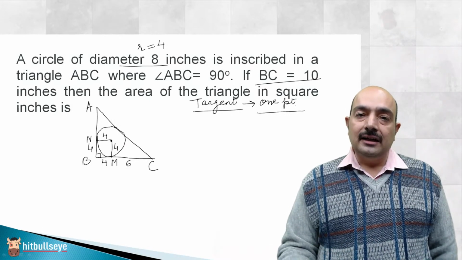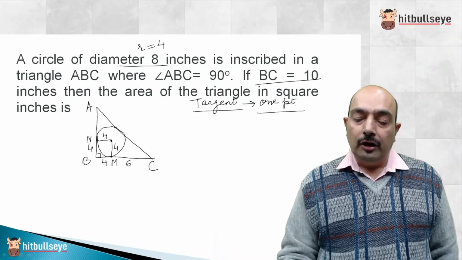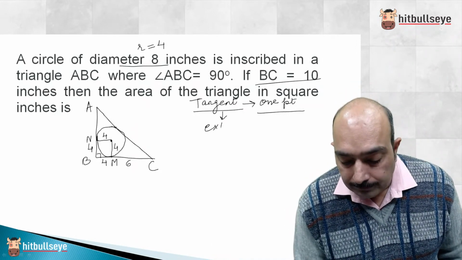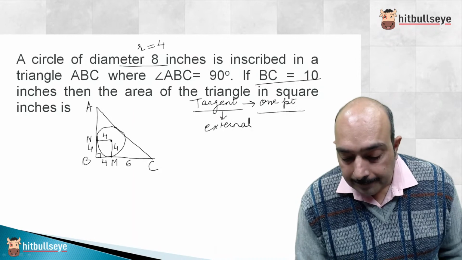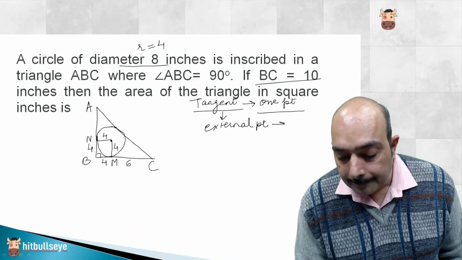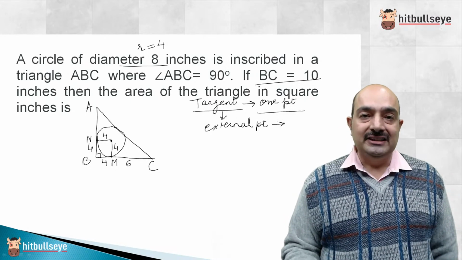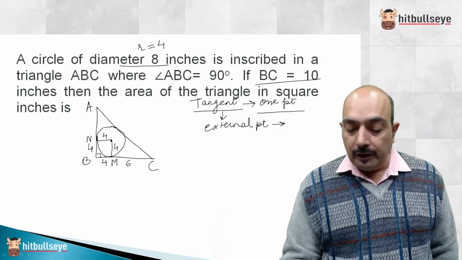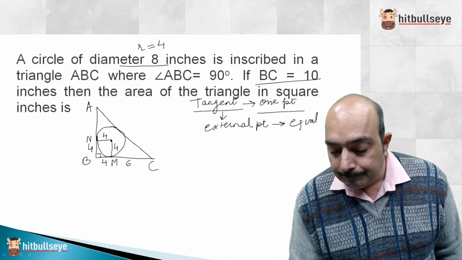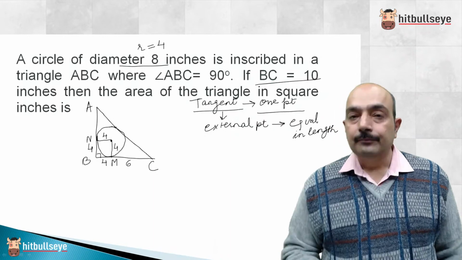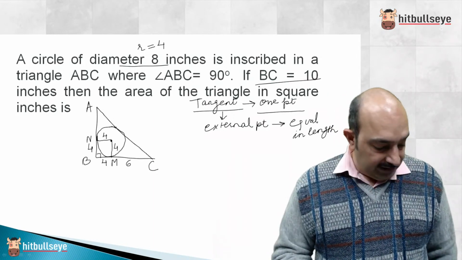And we also know one thing: if you draw two tangents from any external point to the same circle, they would be equal in length. What does that mean?